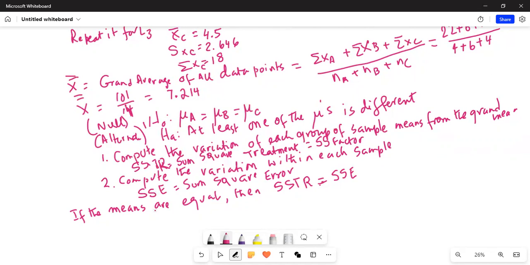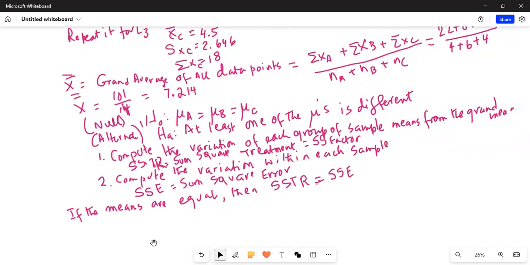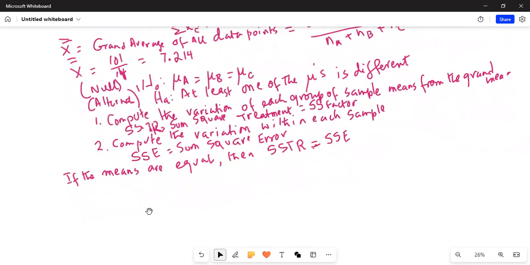Okay. Now, let me show you the calculation for sum square treatment. So basically, how do you calculate sum square? Remember, it is a variation of each sample mean from the grand mean.